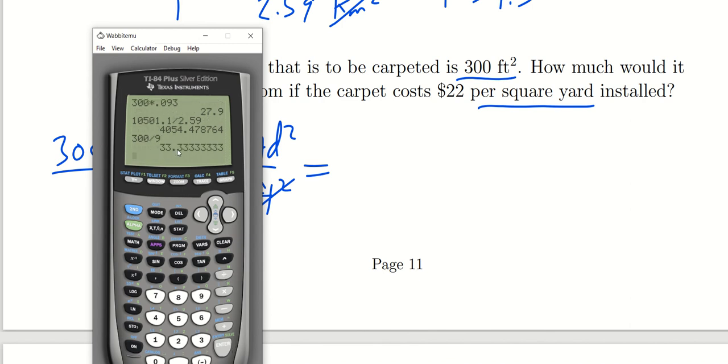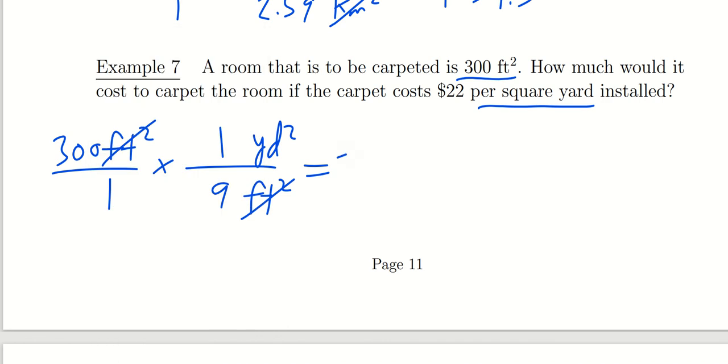Which is going to be 33.3333 repeating, or you can think of it as 33 and a third. And for me, I'm going to write out all of these decimals simply because we now need to use this number in a multiplication, and to avoid round-off error, we don't want to round until the very final answer. So this is the number of square yards we have.